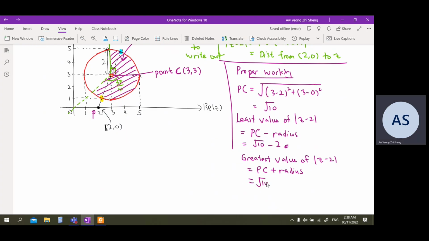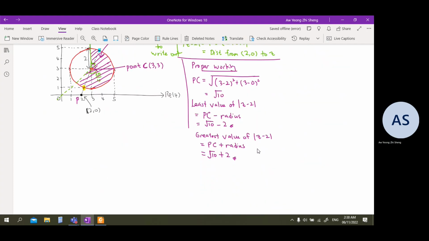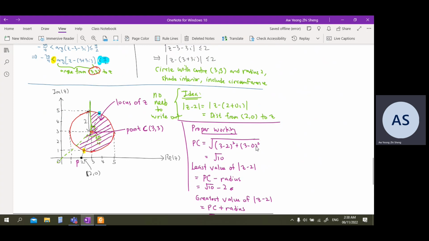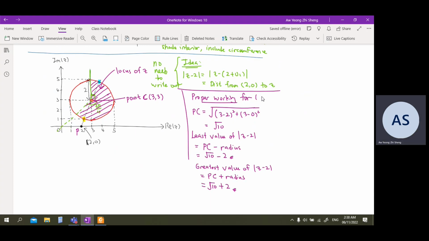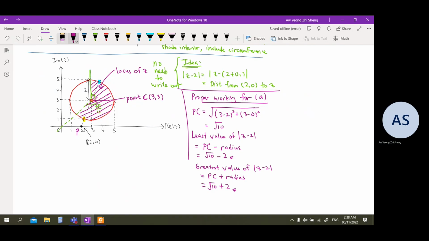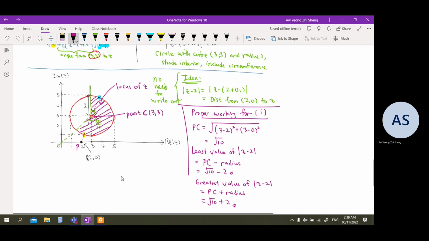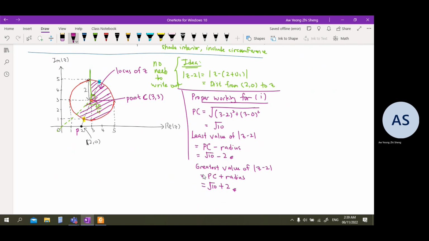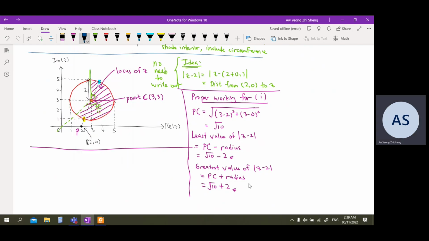That's square root of 10 plus 2, and done. And so this is the proper working for part 1. Okay, so part 1 is done.